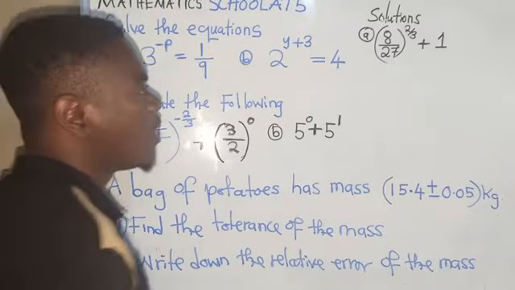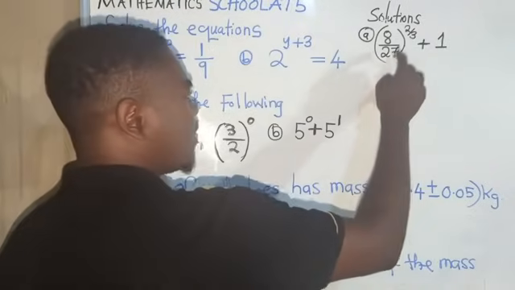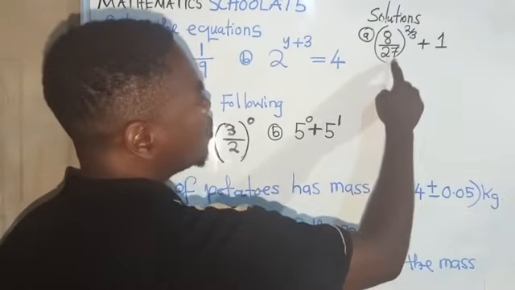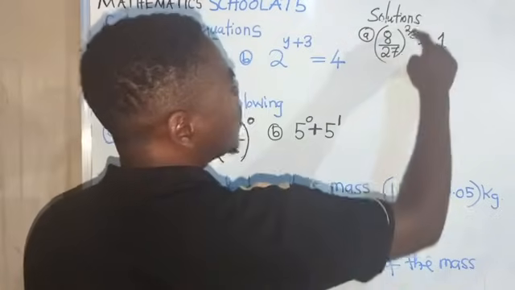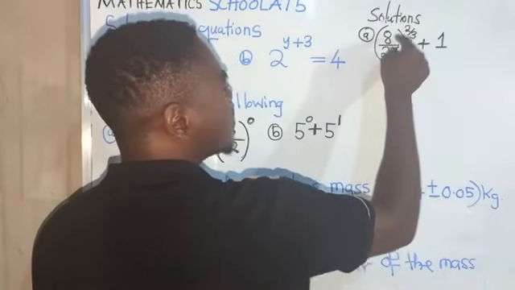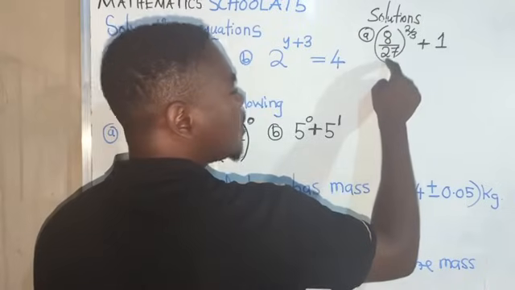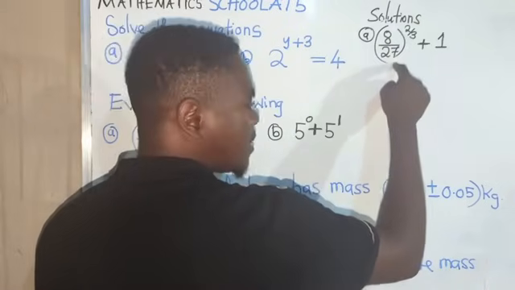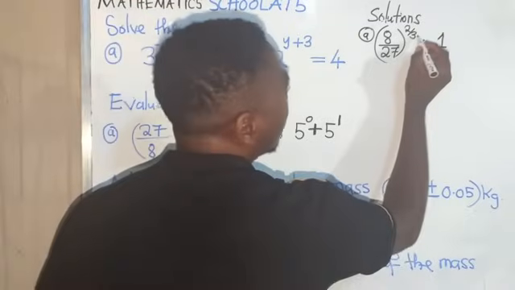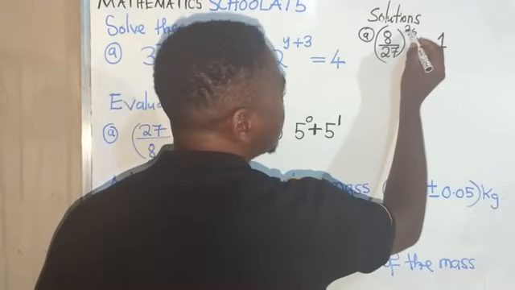Now what I need to do is this: 2 over 3 applies to both 8 and 27. This one is a root, this is a power.